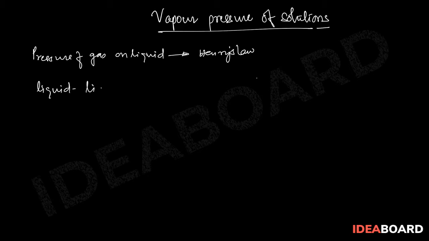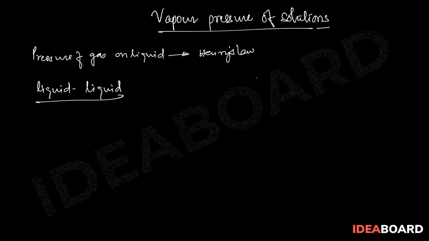When we have liquid solvent and liquid solute, both the components can be volatile in nature. A liquid solvent is generally volatile, whereas the solute may be volatile or non-volatile. Similarly, a solid solute also can be volatile or non-volatile.